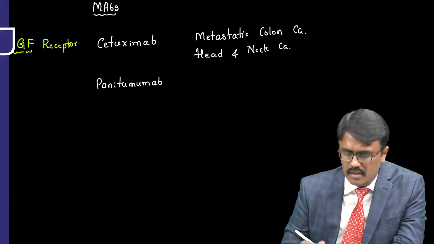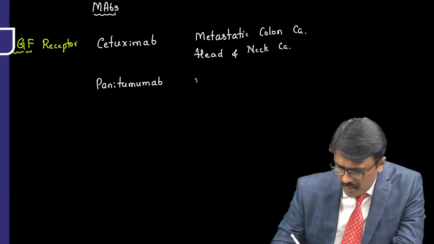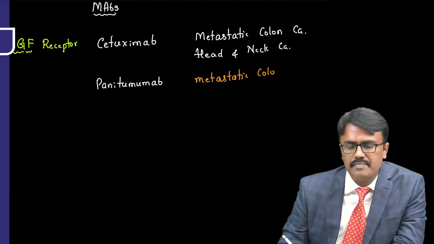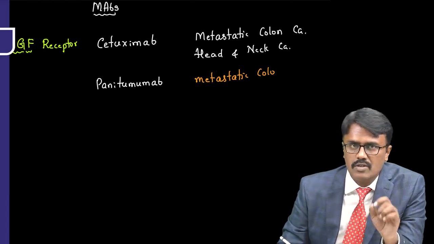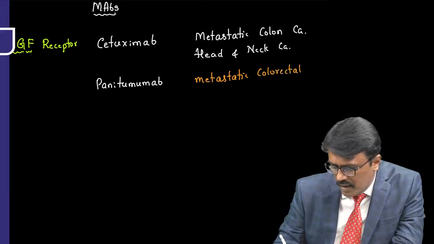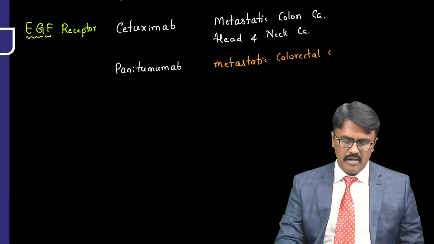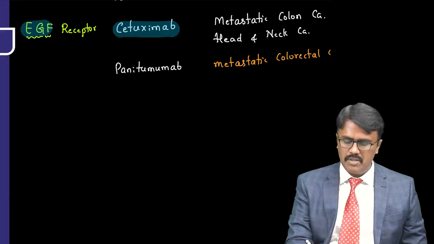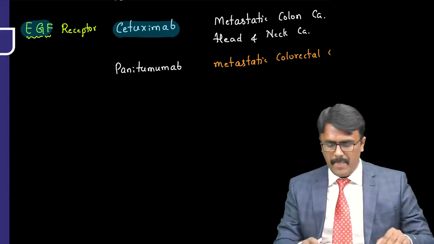Now, where to use it? It is also used in metastatic colon cancer, also in metastatic colorectal cancer. So remember, epidermal growth factor blocked by cetuximab. This is a very, very important drug.